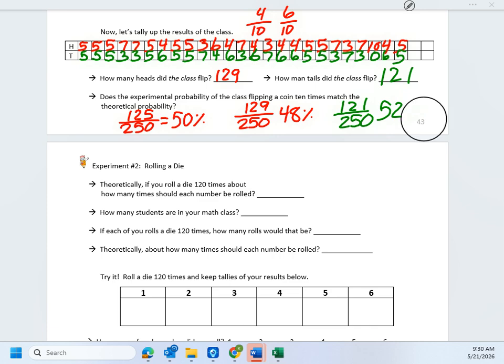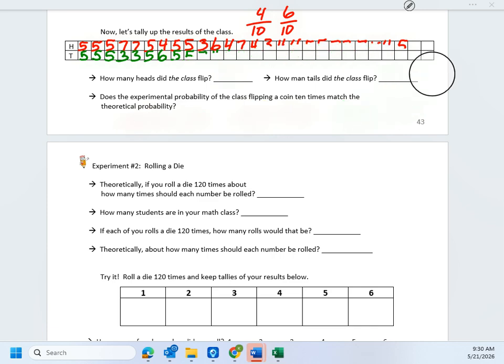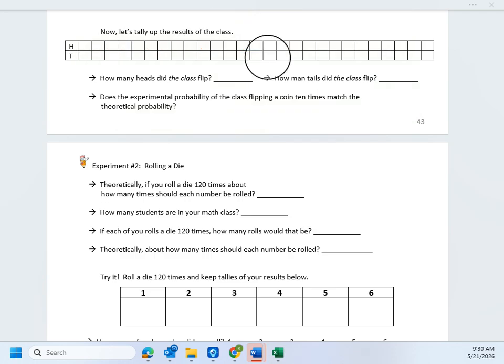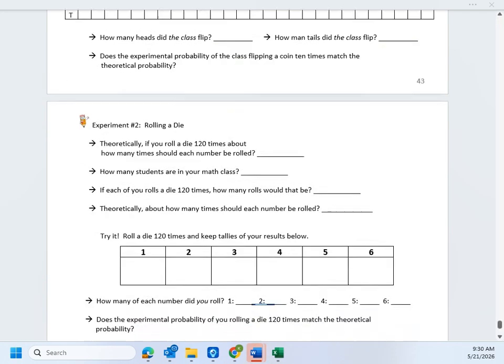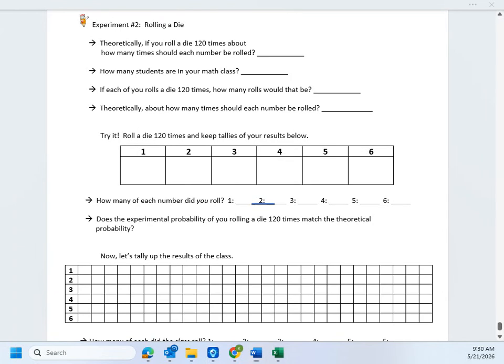Now, we are going to do this with rolling dice. We had Maddie join us, so instead of 25 students, now we have 26 students. So theoretically, if you roll a die 120 times, about how many times should each number be rolled?